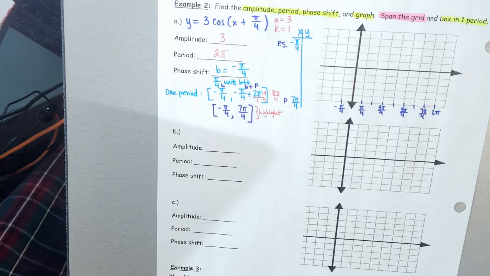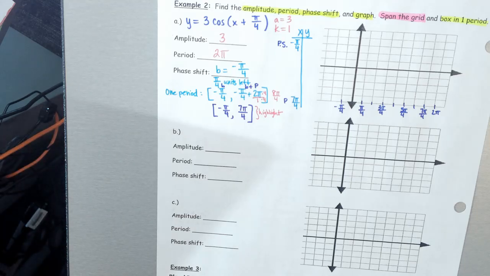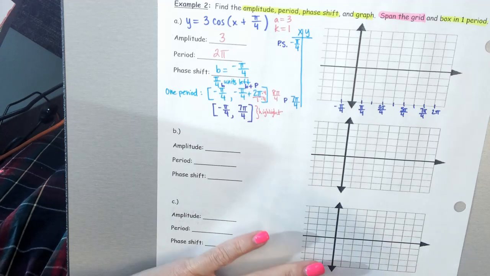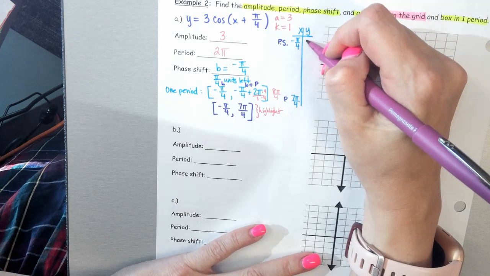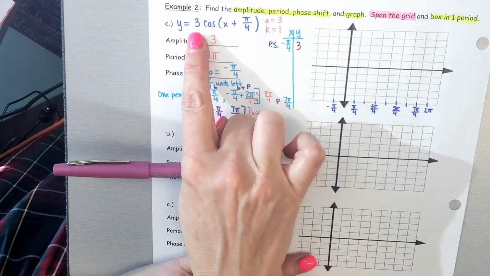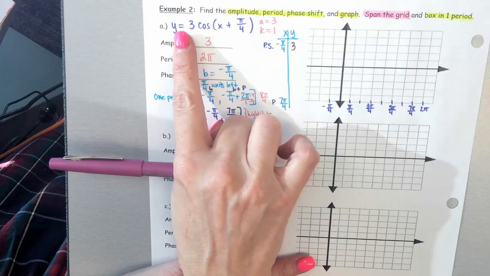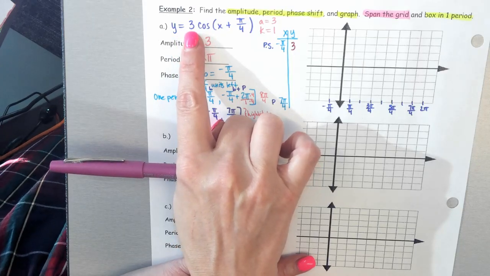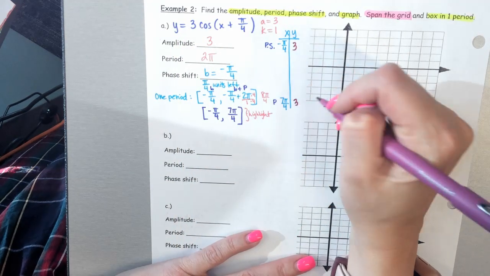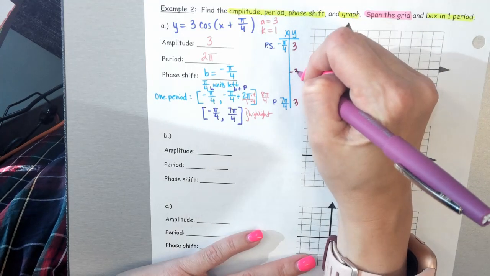Because this is cosine, you're going to start at your maximum and end at your maximum. Your maximum is 3 because your amplitude is 3 and there's no vertical shift. So if you start at 3, you're going to end at 3. Your halfway point is negative 3.